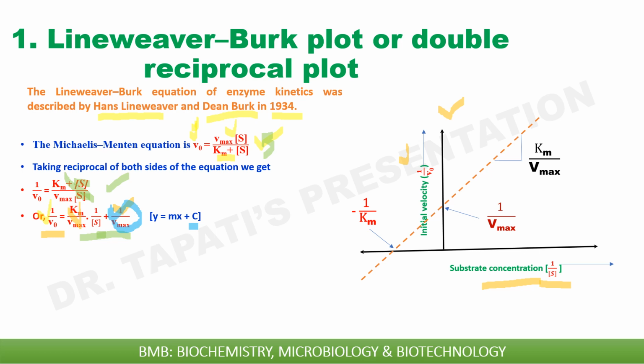It is given in the graph that this intercept is 1 by Vmax. This point is 1 by Vmax, and the slope is Km by Vmax. Here it is the slope, that is the m value, Km by Vmax.